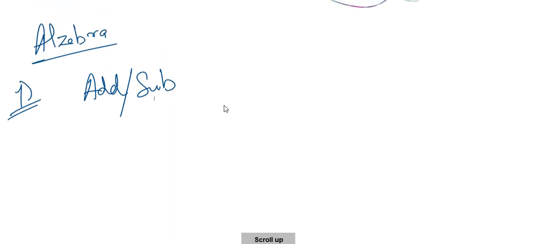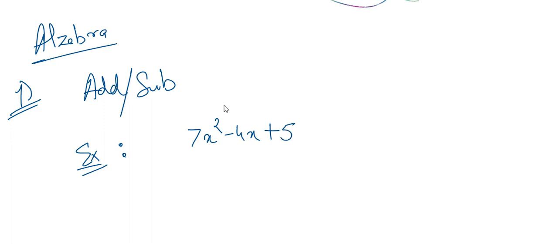Like if I give you an example illustration, I have two algebraic expressions, which is my 7x square minus 4x plus 5. This is a trinomial. Basically, I would be letting you know within a while the types of algebraic expressions. For now, let us consider this to be an ideal expression, and I have to add this expression with 9x minus 10.